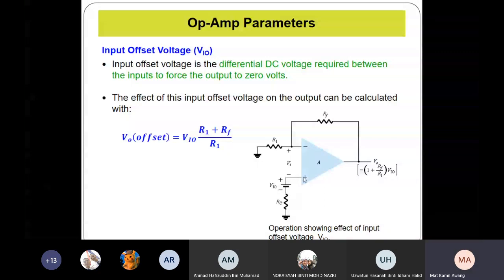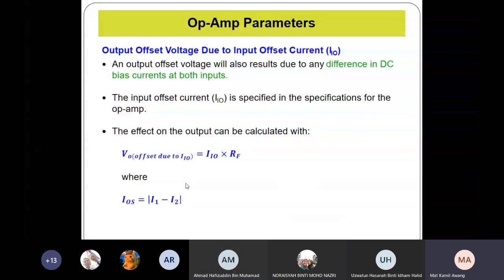Ideally, this current should be zero. But because it's a practical amplifier, you have very high resistance, but not infinity, so you have some small current flowing. Therefore, the offset current is the difference between these two currents, I1 and I2. So this is the offset. This should be IO, not OS.